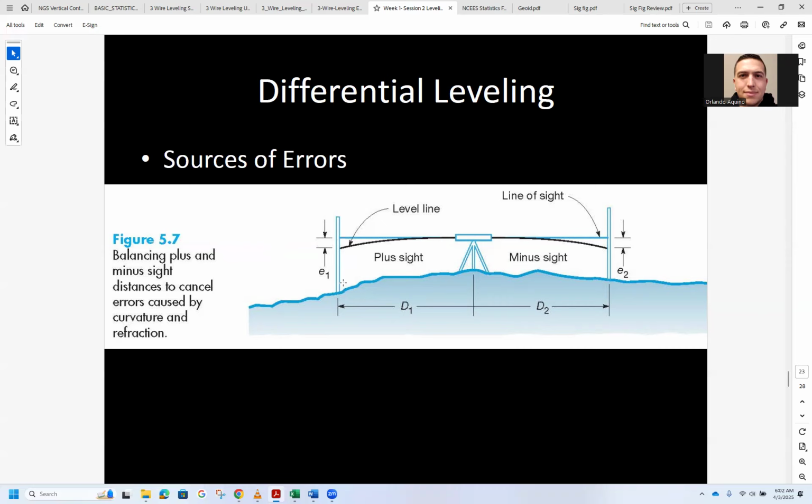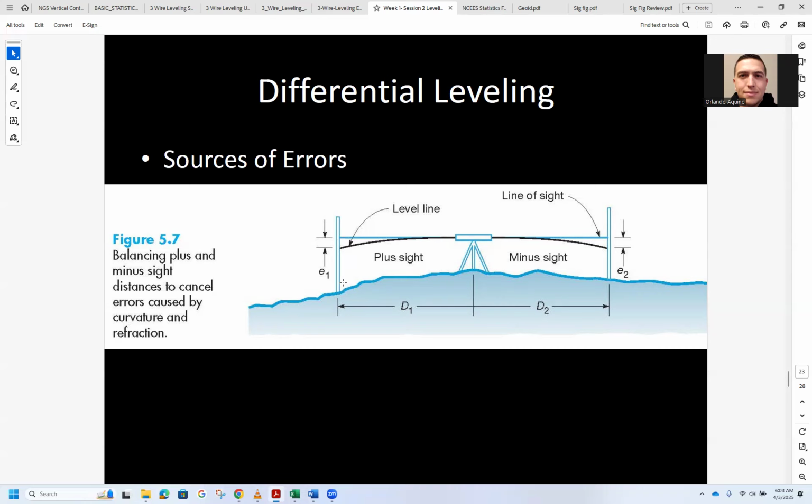All right. So on figure 5.7, you can also illustrate the importance of balancing sight lengths if a collimation error exists in the instrument's line of sight. This is why we do the peg test, by the way.